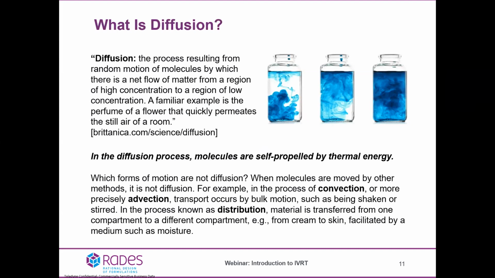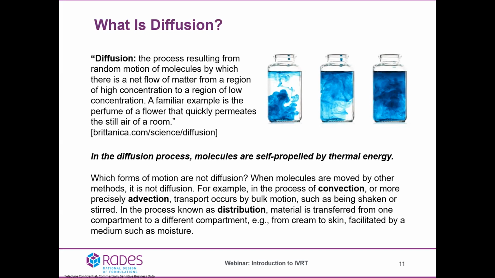The permeation of perfume of a flower in a room with still air is an example for that. In the diffusion process, the molecules are self-propelled by thermal energy. So there is no external force acting on the molecules.